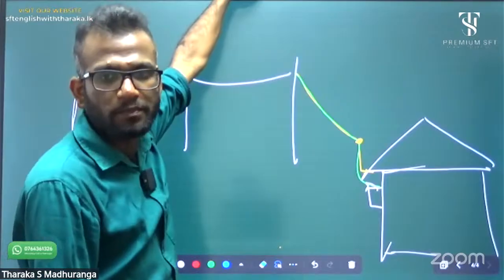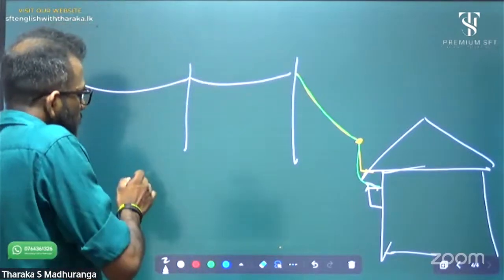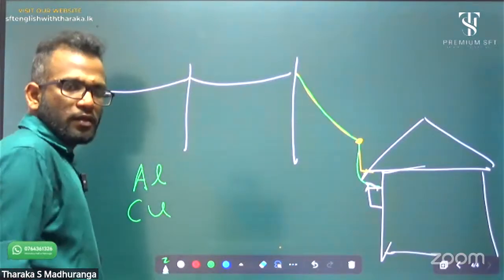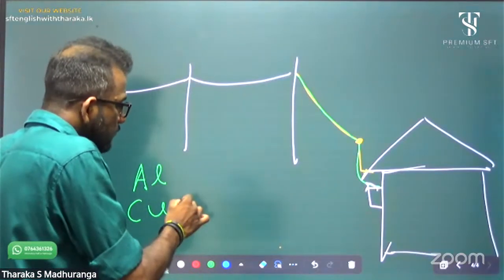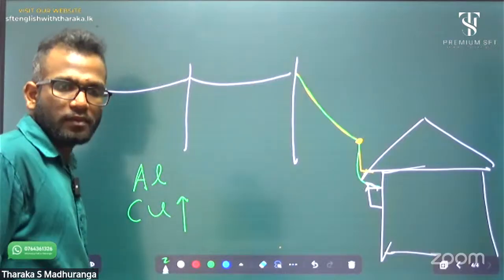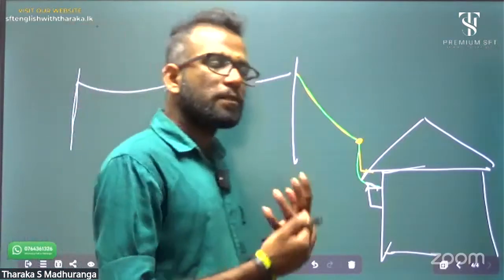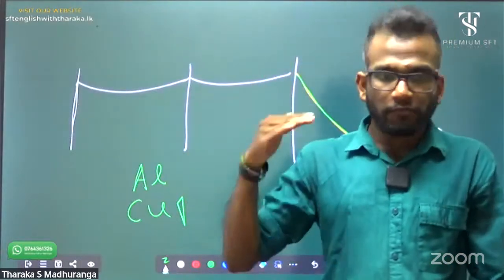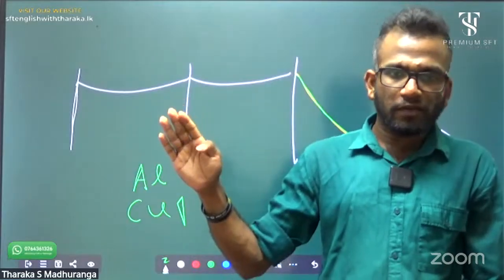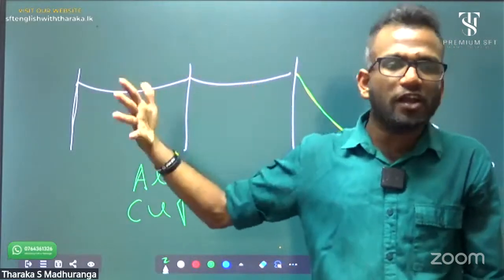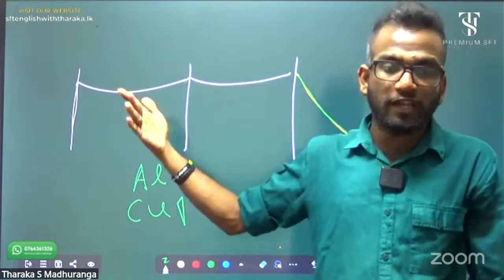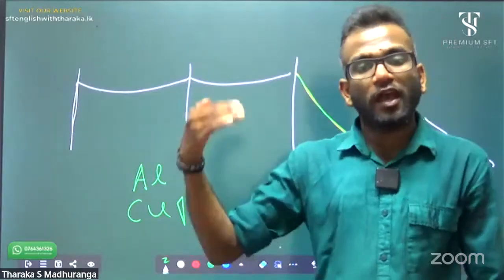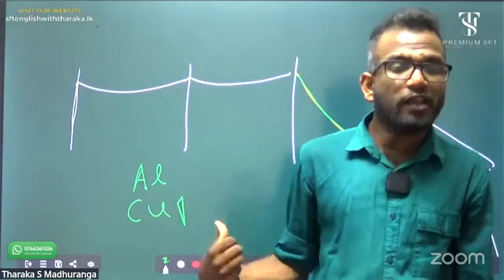Normally, between aluminium and copper, the conductivity is greater in copper. But the main problem with copper is that the price is greater. Copper is very expensive. For this type of transmission we can't use it. Its conductivity is greater, but we need large quantities for transmission, and it is highly expensive.